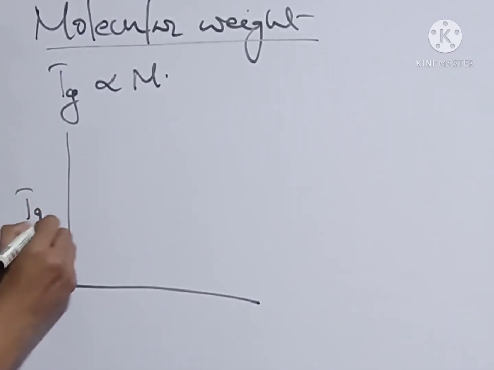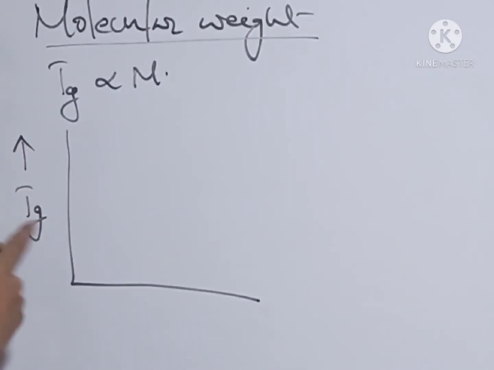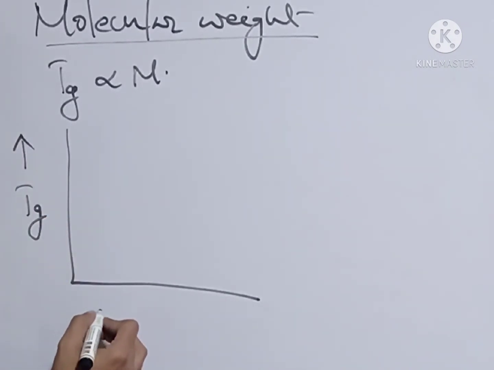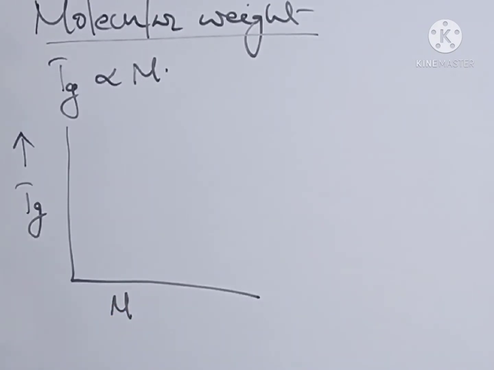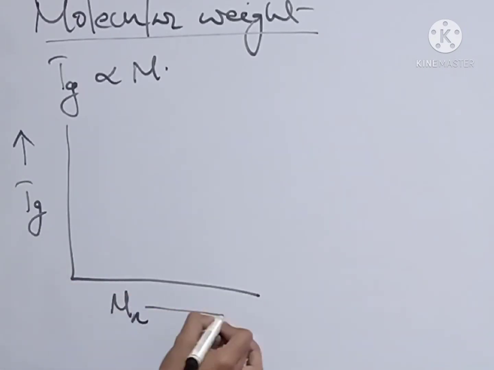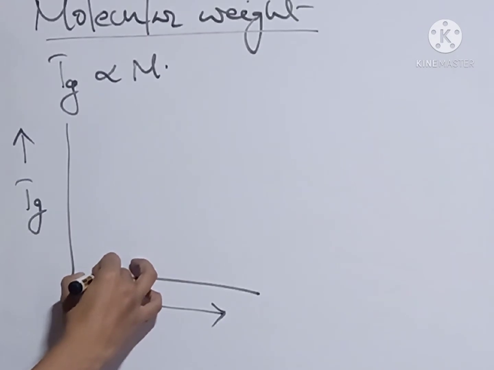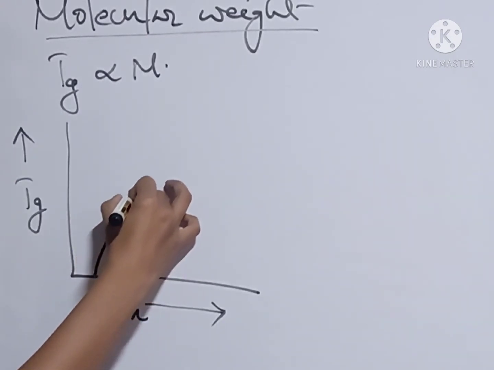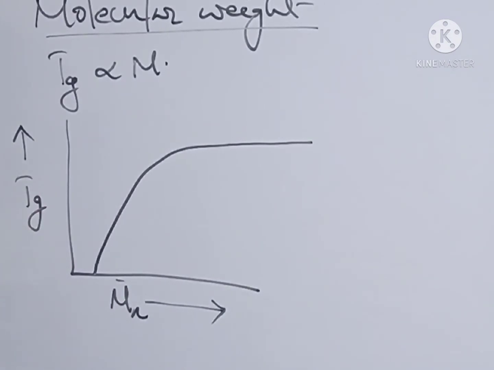And we can draw the graph like this. Glass transition temperature is on the y-axis and molecular weight on the x-axis. Particularly, we are mentioning the number average molecular mass of the polymer. So the graph will appear like this. First of all, it increases steeply and then becomes steady.